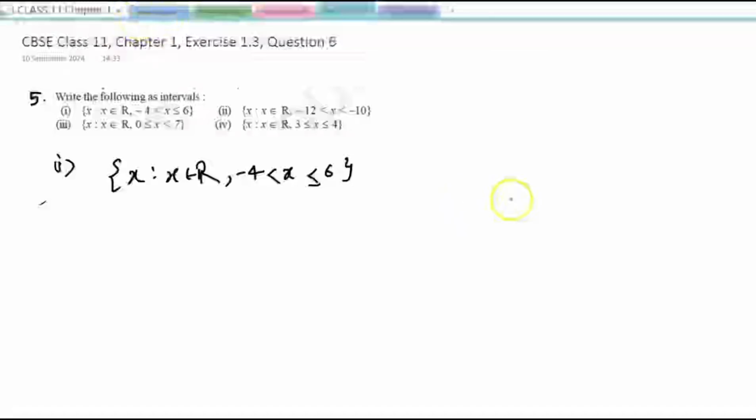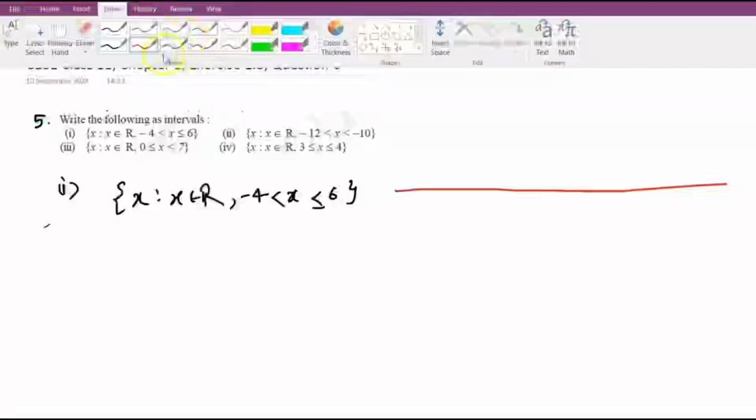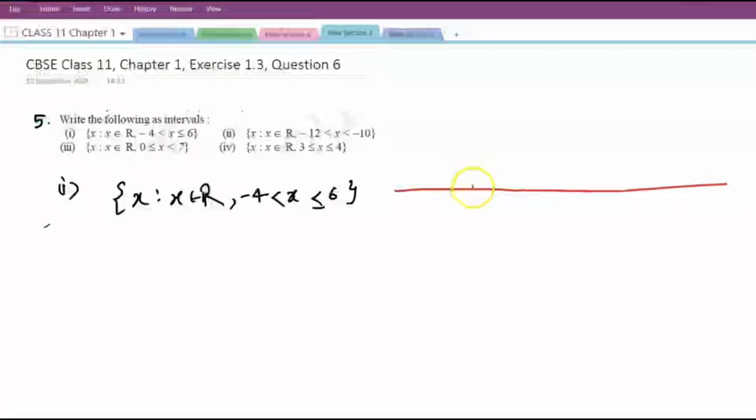Okay, let's draw this on a number line. We have -4 and 6.